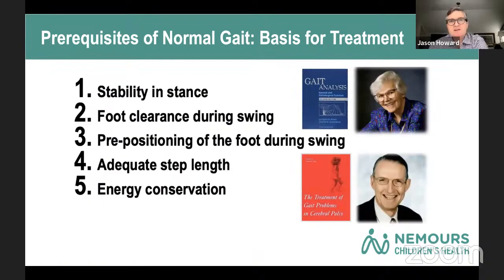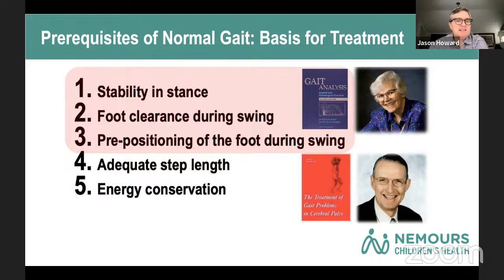When I think about kids who can walk, and what the foot means for them, no matter what their diagnosis, I think about the prerequisites of normal gait put forward by Jacquelin Perry and Jim Gage, particularly the first three. Stability in stance: you need a good stable platform for the foot so you can keep yourself stable and keep that plantar flexion knee extension couple in front of the knee.